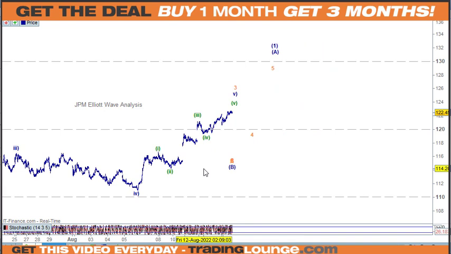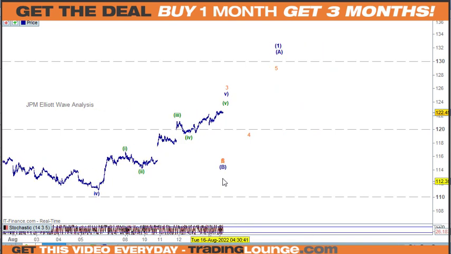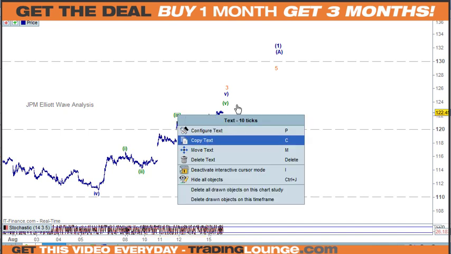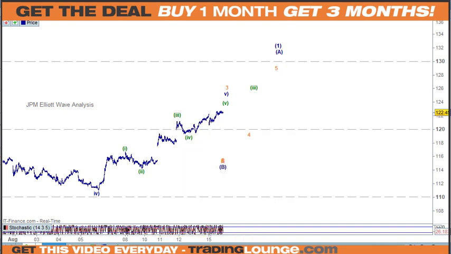Yeah, so the only other thing I can think of is this is 1 and 2 here, leaving that there, and then looking at this as 1 and 2 here, and then 3, 4, 5 for the third wave, bringing this up here a little bit further. So I'll just keep an eye on this and double check the other banks as well. I'll just put that wave 1 there.